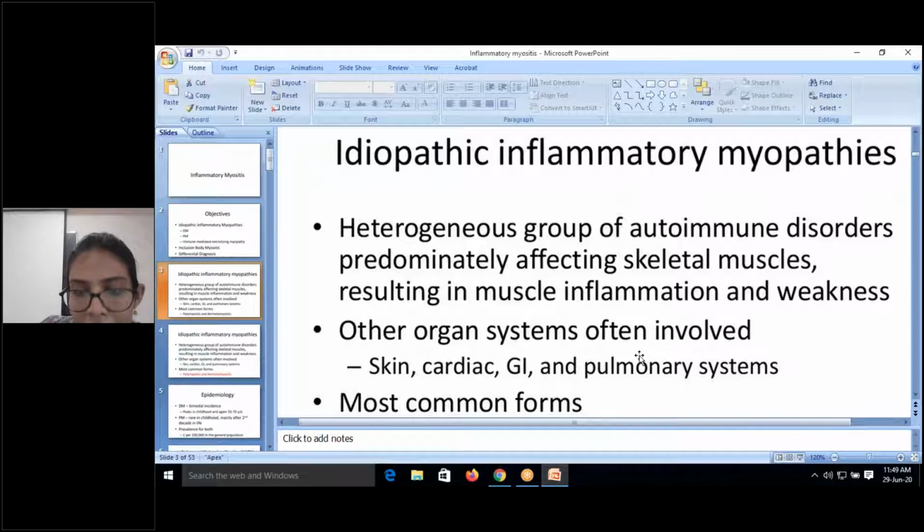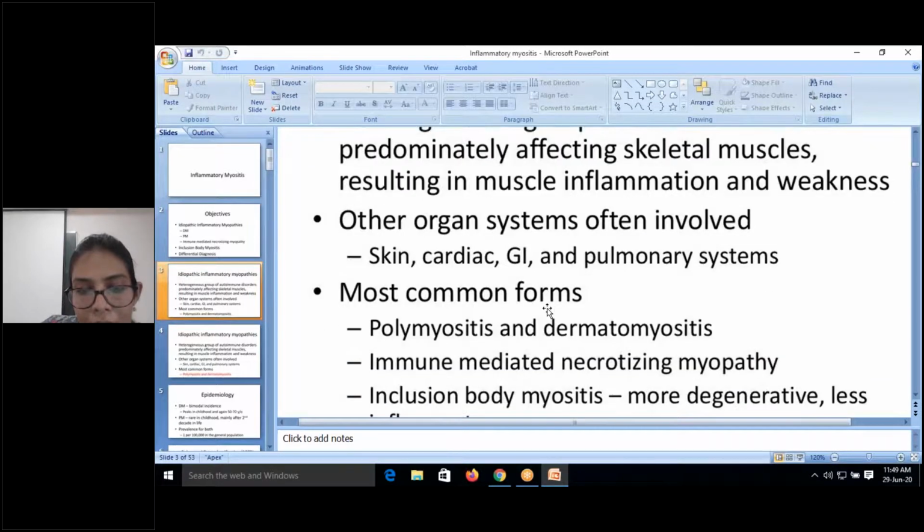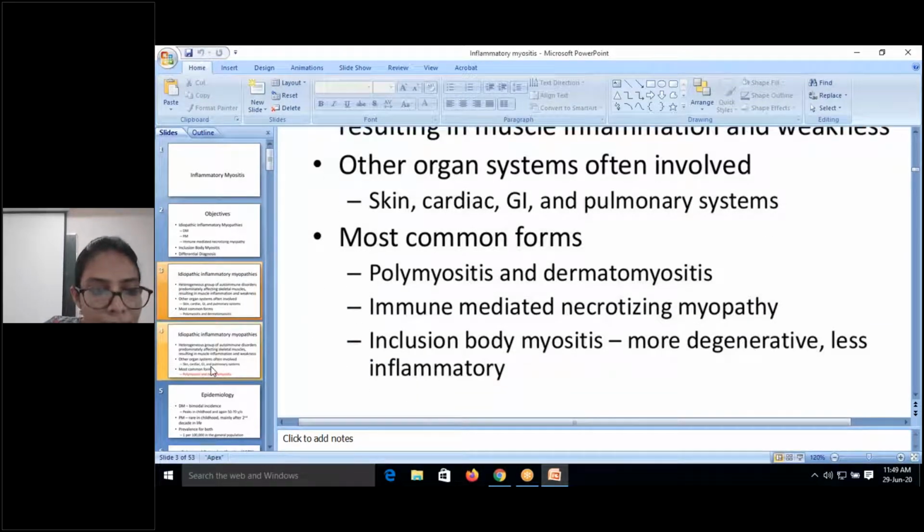The other organ systems involved are skin, cardiac, GI system, and pulmonary system. Cardiac, like myocarditis, can happen. GI vasculitis can happen. ILDs can happen. Skin is involved in dermatomyositis, where you can have all the different patterns of rash, which I'll show you. Most common ones are these ones.